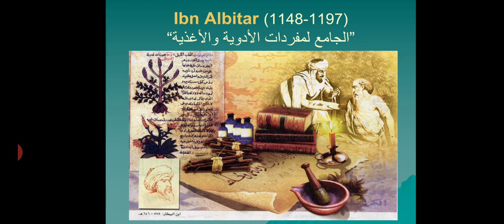and 1197. They are the people who made a law on up to what extent we can do cultivation, to whom we can send, at which price, up to cost. All these kinds of knowledge, rules and documentation were prepared by Ibn al-Bitar.